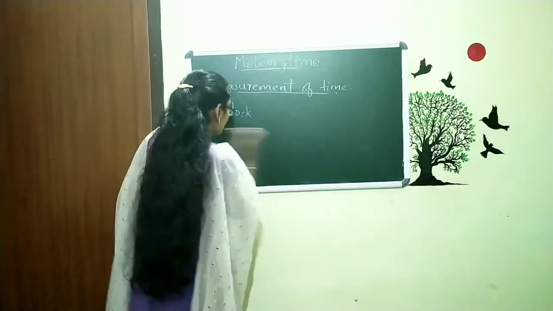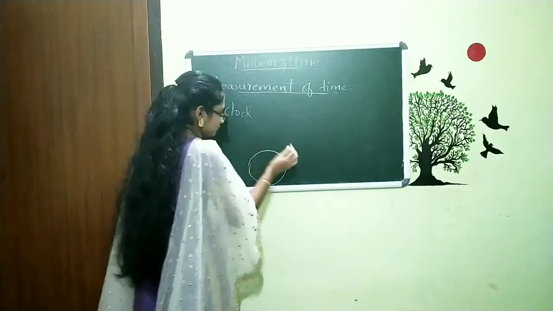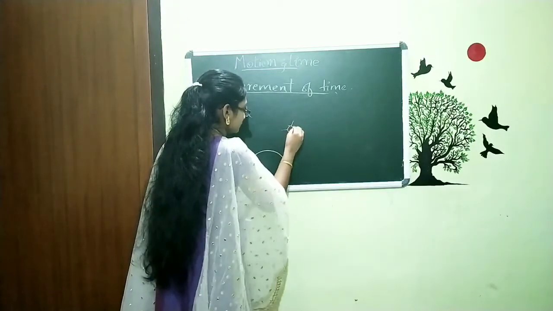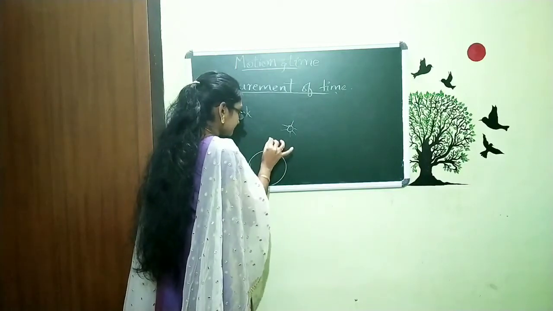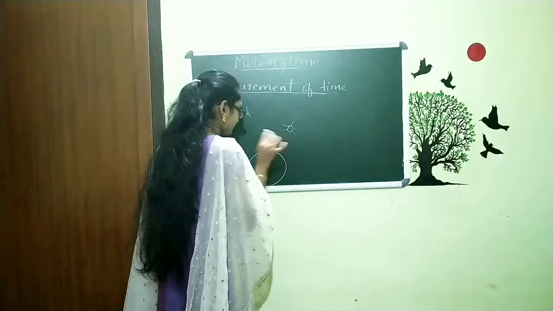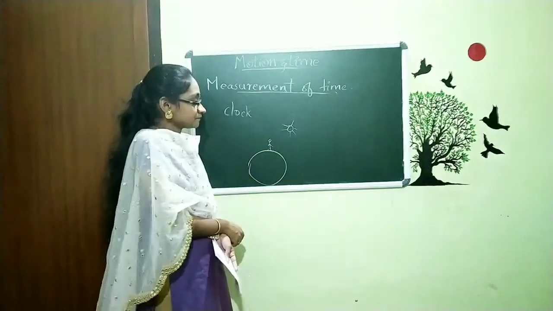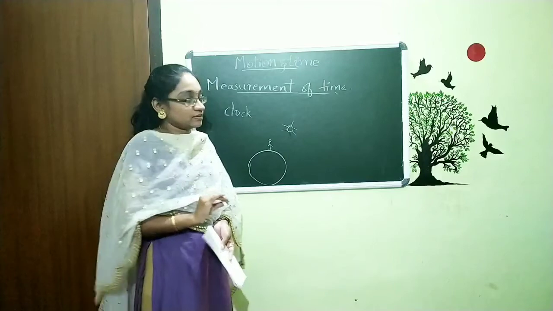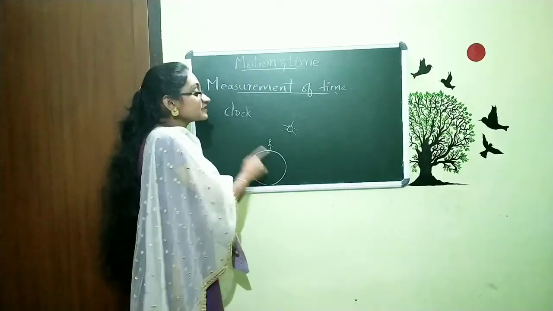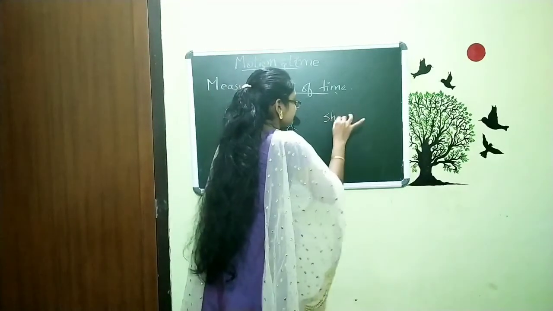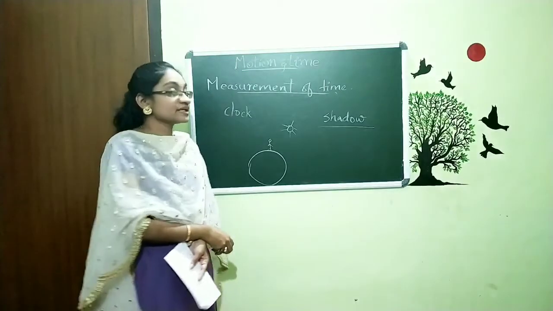Now just observe here. This is our earth, sun, one person, and he comes here in the morning, at noon and in the evening, and just observes his shadow.